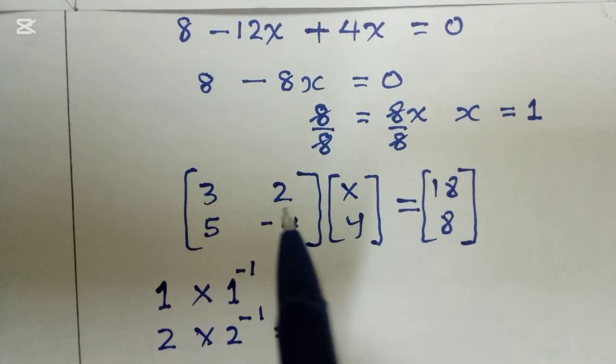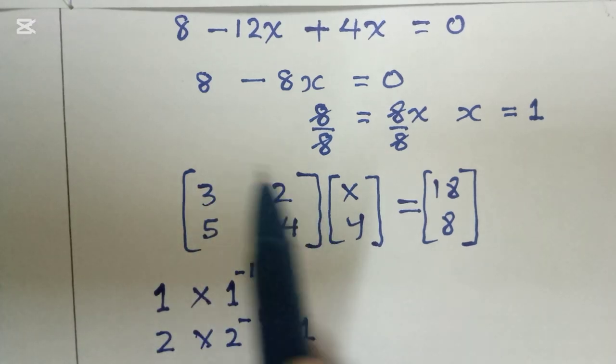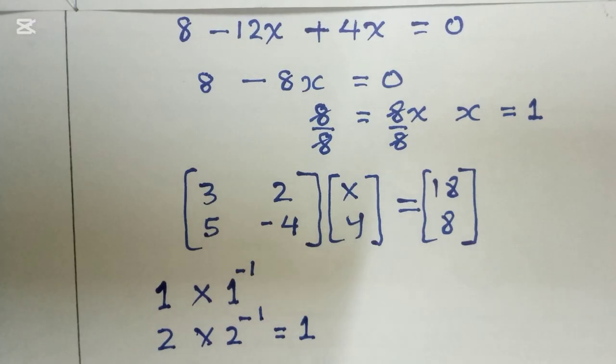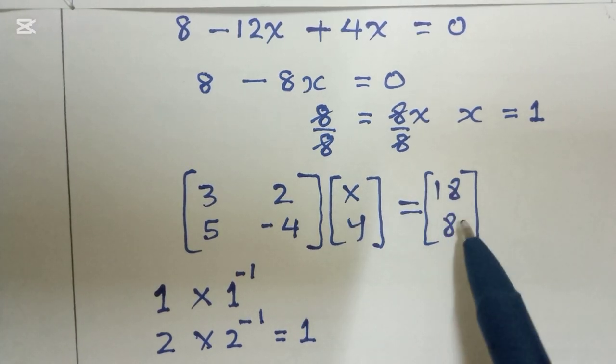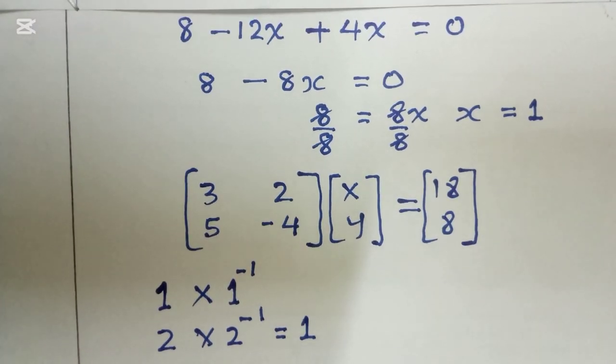So when we multiply the inverse and this matrix, you get the identity matrix, which is similar to 1. And then you multiply this side, and that is when you're going to find your solution.